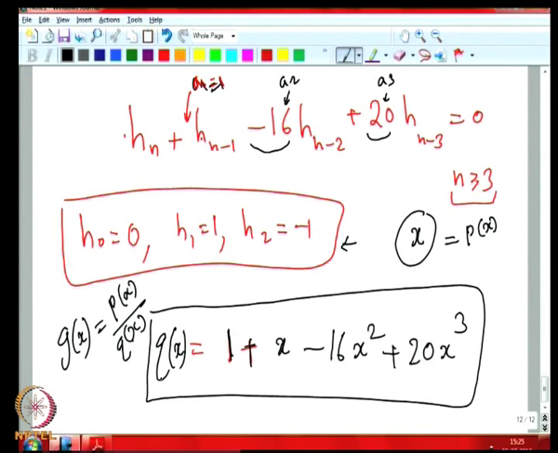If you remember how to do this, it is very easy, but even if you do not, you can go through the entire procedure and get p of x and q of x. So p of x is x here, and q of x is this here.